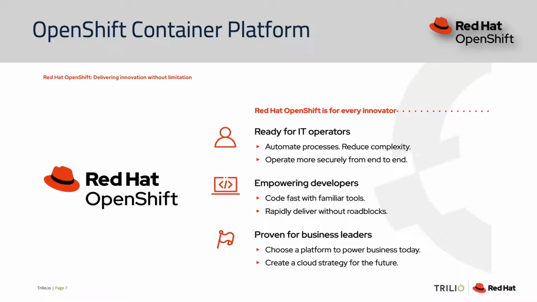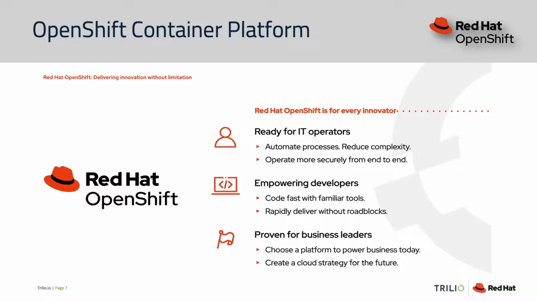So what we at Red Hat have done with OpenShift is that we've taken an opinionated approach, and we've collected a suite of tool sets to develop Red Hat OpenShift. These tool sets are things for IT operations that make it easier to manage the platform, things to empower developers so they have tool sets to deploy their applications and to be able to scale as well, and also things that are proven for businesses, right?